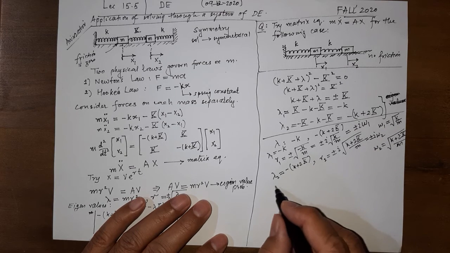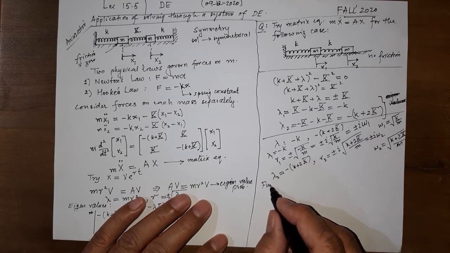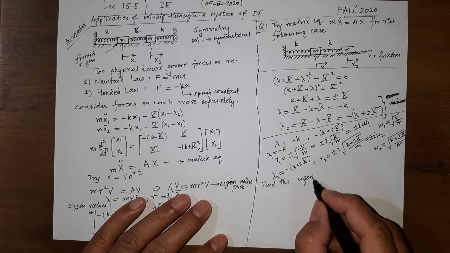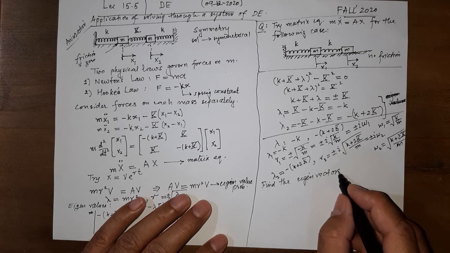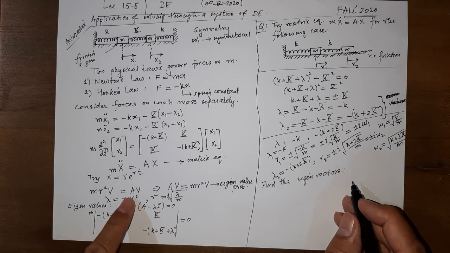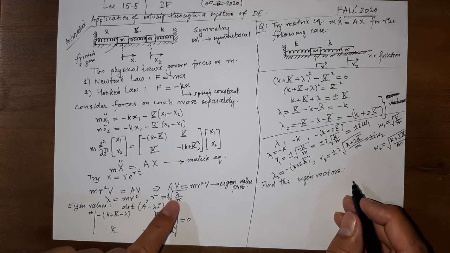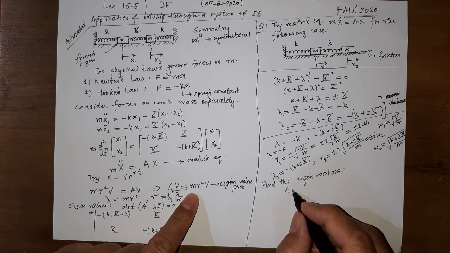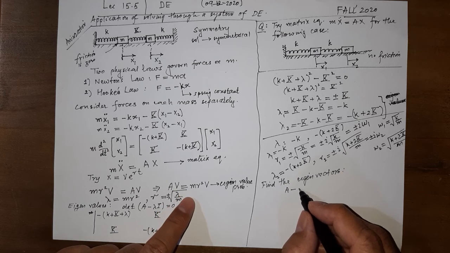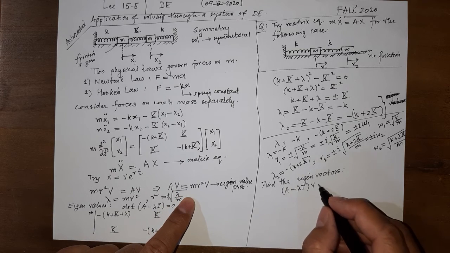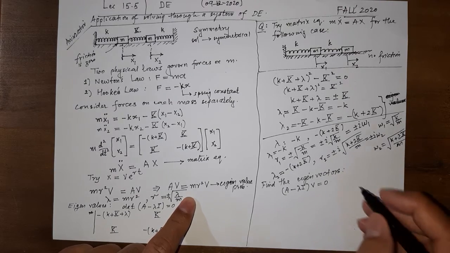So let us find the eigenvectors. How would the eigenvectors be found? You can remember this equation, and you know that through this equation A minus lambda I into V equal to 0, where 0 is a vector here as well.